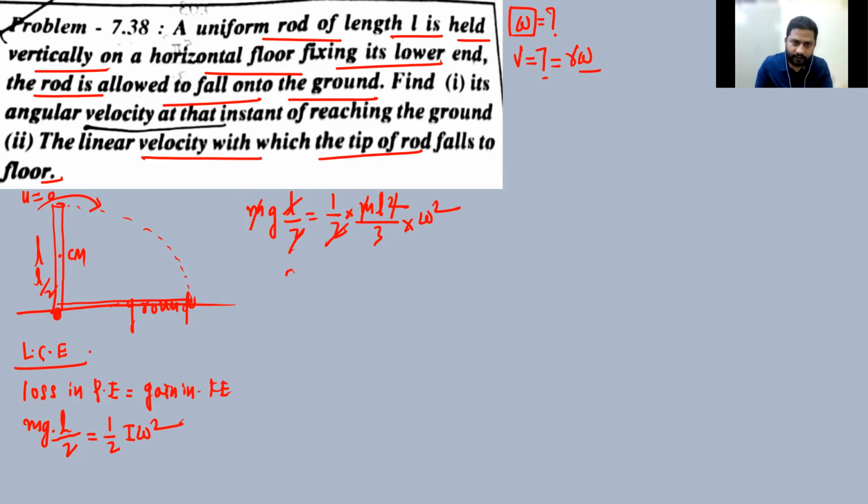So what is left? g is equal to L by 3 into omega square. So from here, what can I write? Omega square is equal to 3g by L. So from here, omega is equal to root of 3g by L. That's it. That is omega.